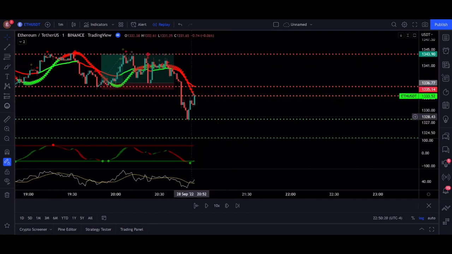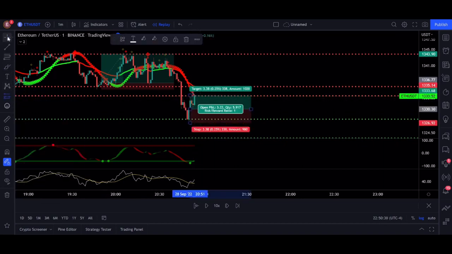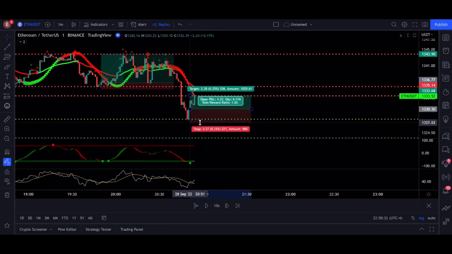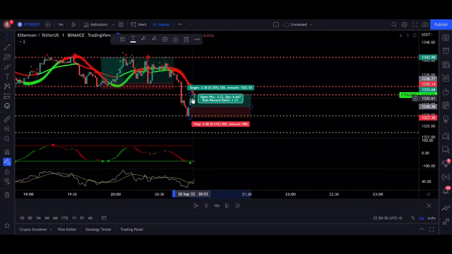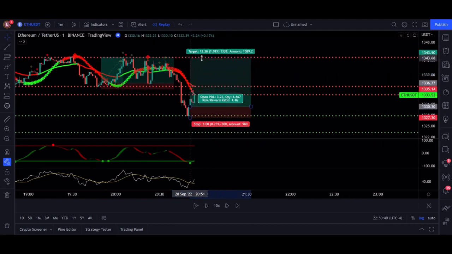So in this case, the signal got fired about right here, give and take right here. So we're going to definitely take that long right there, right? Even though the price action isn't where I want it to be, this is one thing you've got to understand: the price action is pretty far away from my support level right here. But this is something that we definitely risk.